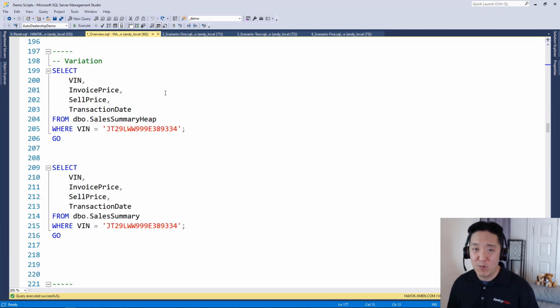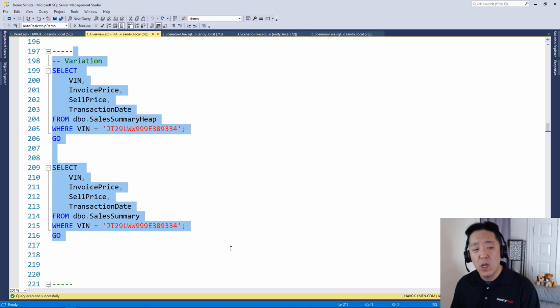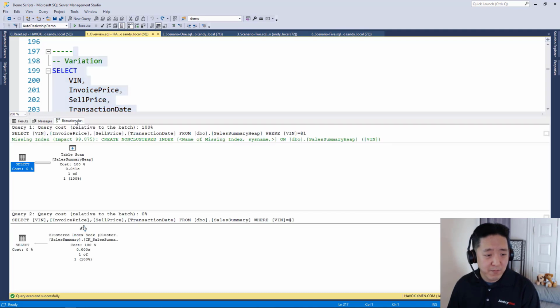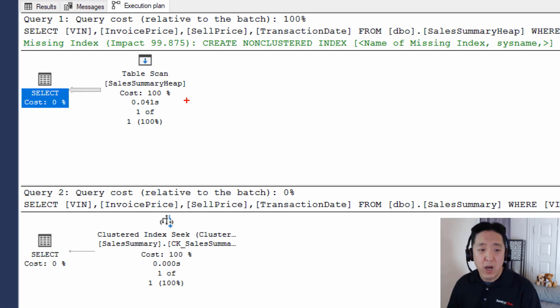However, typically when we're querying our tables, we have predicates, we have join predicates and things of that nature, right? So in this case, I'm going to do a select statement with a VIN number, which is a vehicle identification number. That's what VIN stands for. And now we have a much different set of behaviors. In the case of the heap, I still have to do a full table scan, whereas in the case of the clustered index, because it happened to be clustered on the VIN number, I now get a clustered index seek.